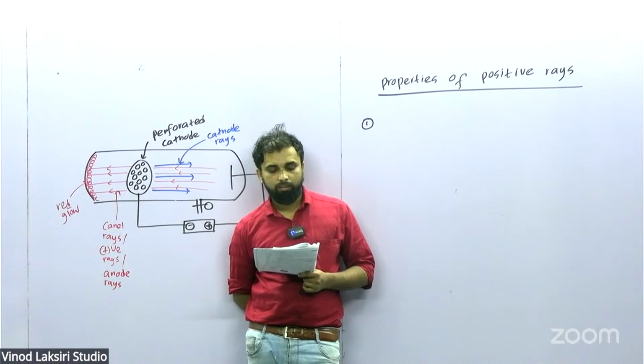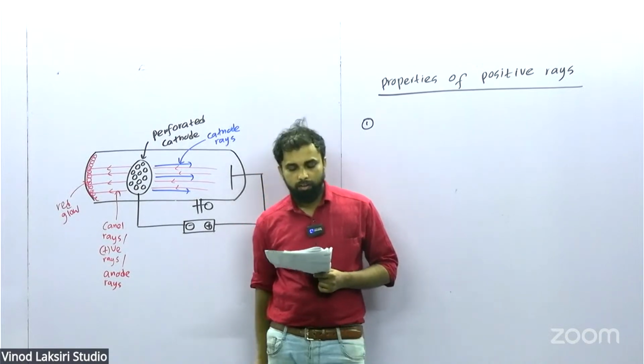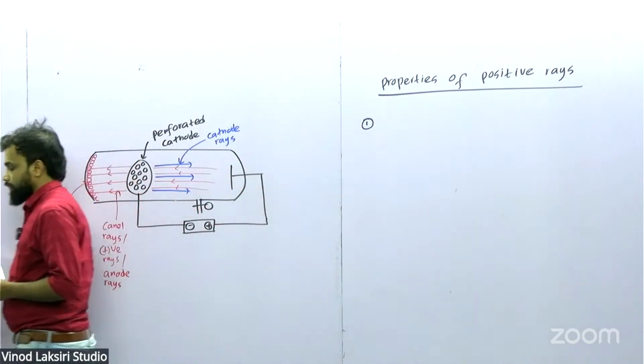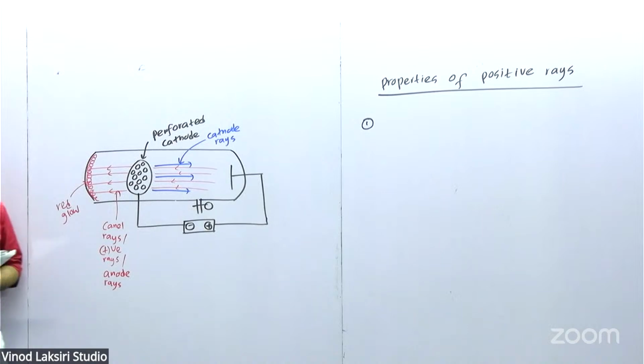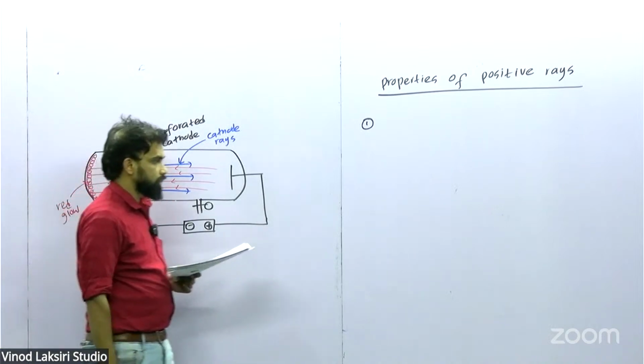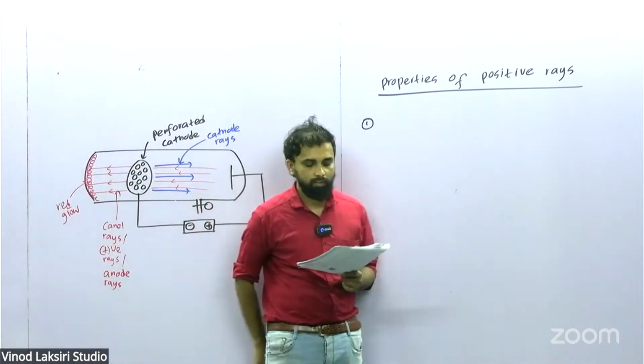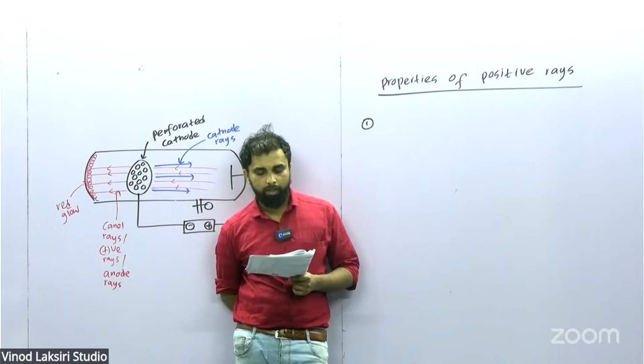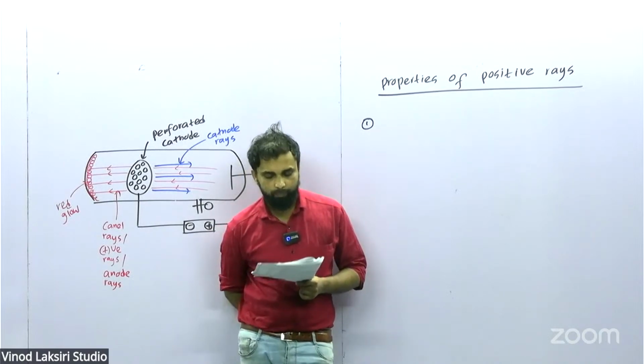Second one: they can move a paddle wheel placed in their path.